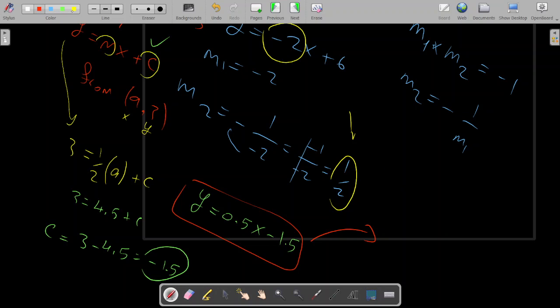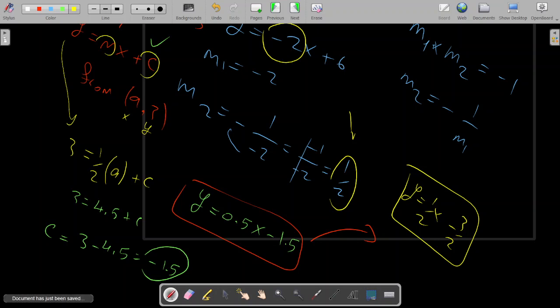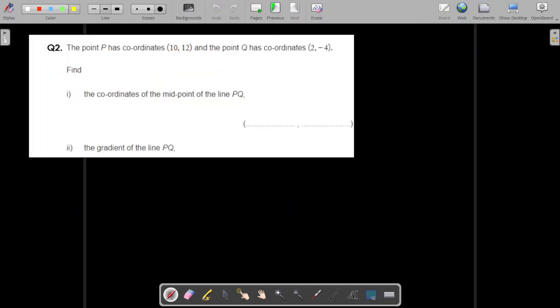I don't mind that. You can say that y, that perpendicular line, is going to be equal to half x minus 3 over 2. Okay, they are the same thing, but one of them is written as decimals and the other is written as fractions. I don't mind both ways. So this is how you can find the equation of the perpendicular line to that known line.